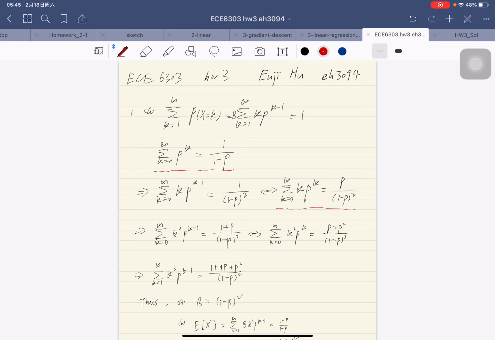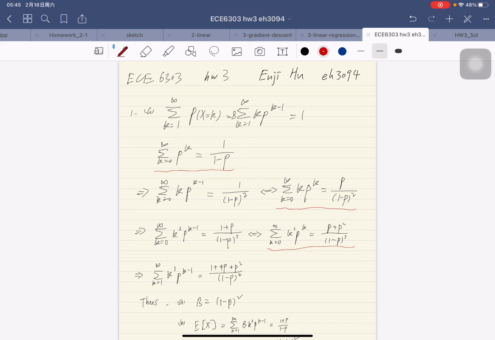And if we go on to take another derivative with respect to p on each side of the formula, we will get this one.